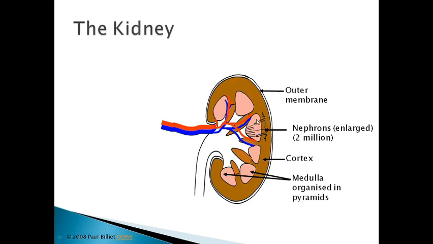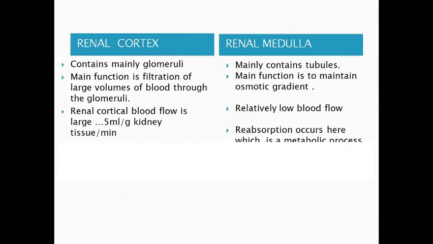This is an enlarged view of a nephron, and they are arranged in the cortex as well as in the medullary portions of the kidney. The blood supply through the renal artery and the venous drainage through the renal vein is there, and this is the pelvis, which is a funnel-shaped extension of the ureter, and the urine finally flows out through the ureter.